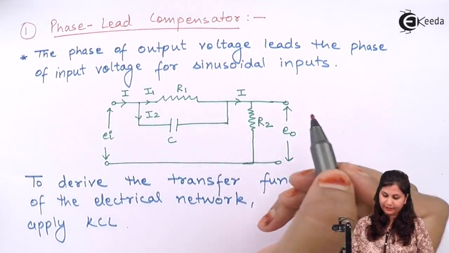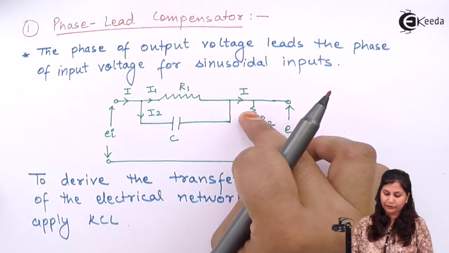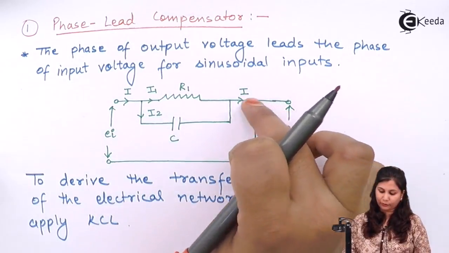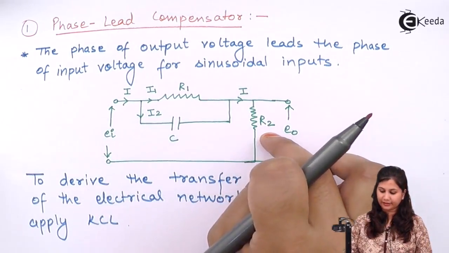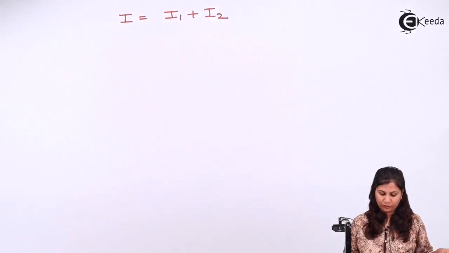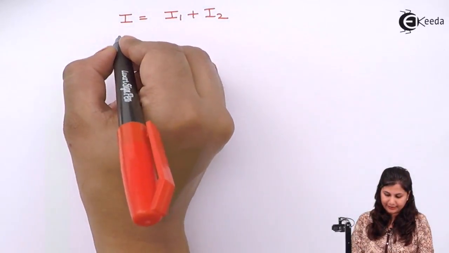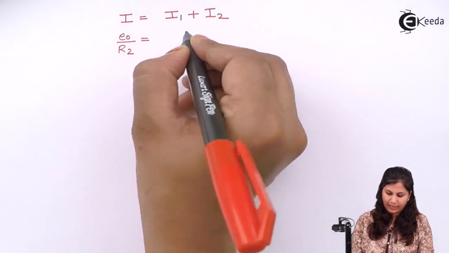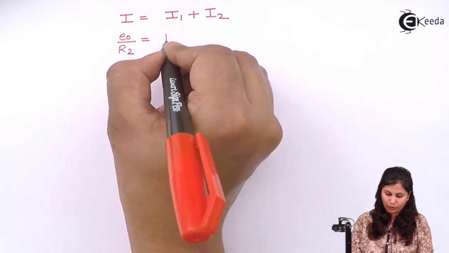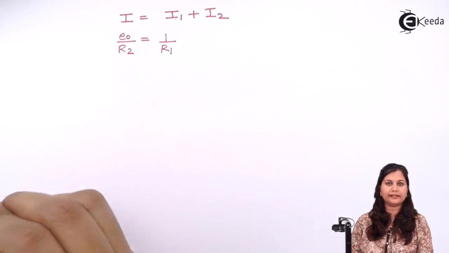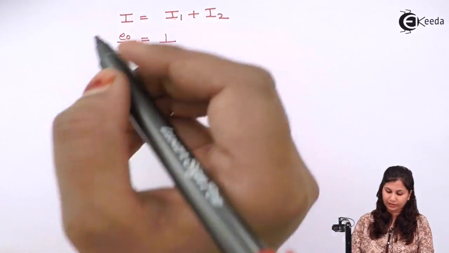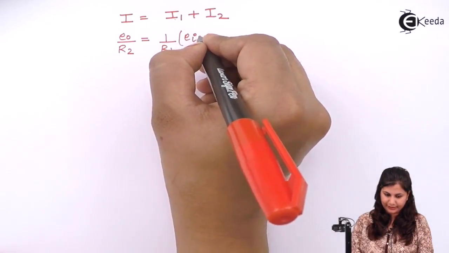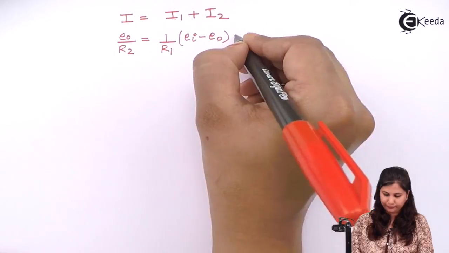Now I is equal to the current flowing through this resistor R2, so we can write this as E0 upon R2. I1 is equal to 1 upon R1, the current across the resistor R1, times the difference of the voltages, that is EI minus E0.